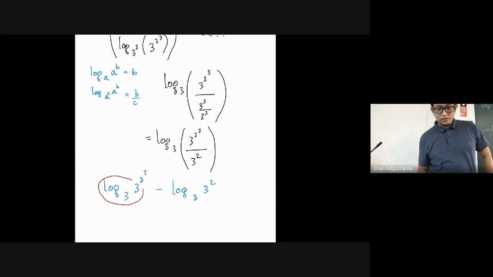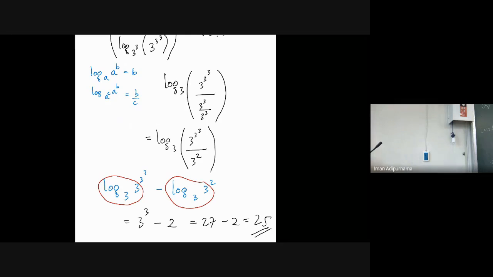This is again the same. This is the same also. So the result will be, which is 27 minus 2, 25. I think some of you got 25.